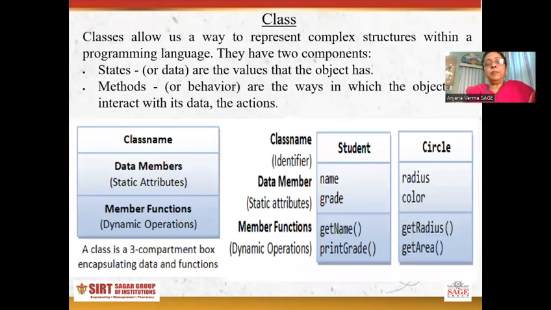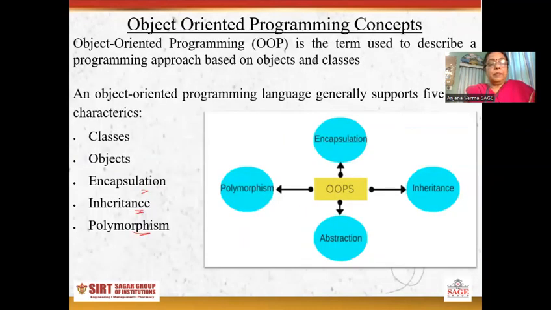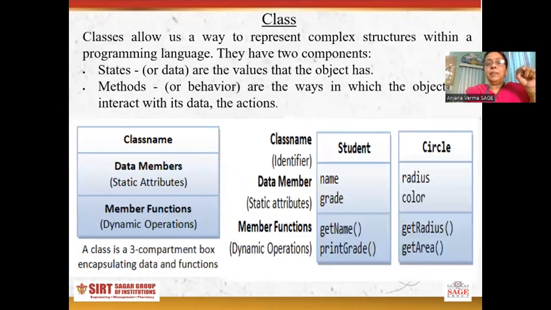Now, first we will see what is a class. These 5 characteristics we will see one by one. First, we will see classes. A class is a way to represent a complex structure, which has 2 components, data and behavior.